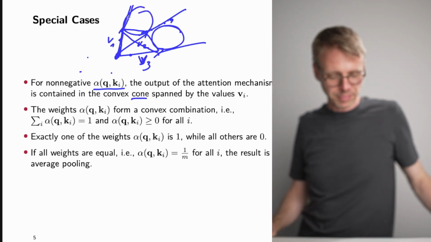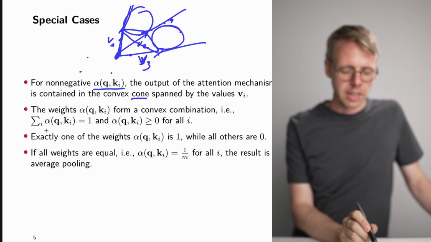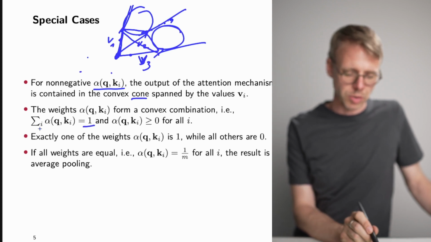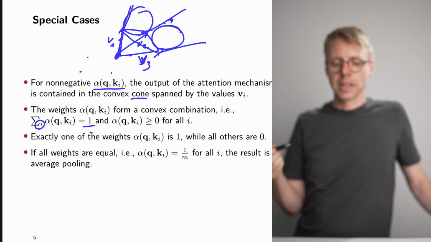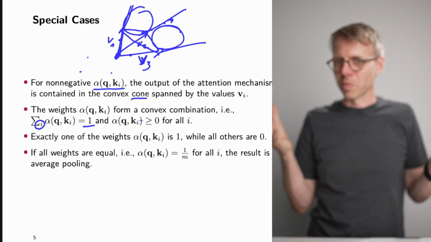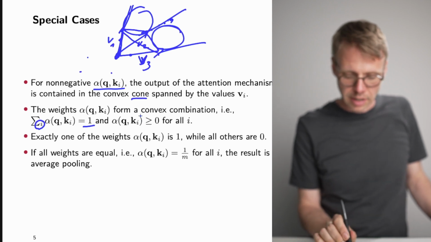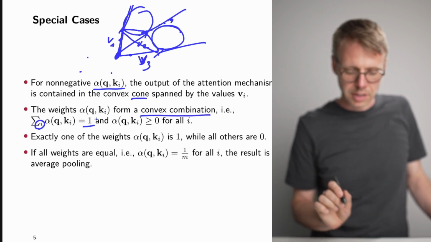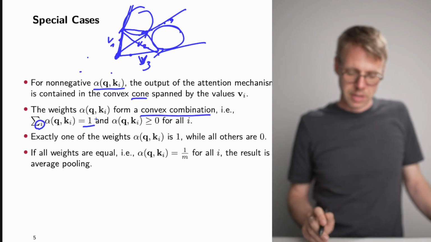Now, if we additionally make all the alphas sum to 1, so if the sum over i of alpha(q, k_i) is 1, then the response still lies obviously in the convex cone, but we then call the resulting sum a convex combination.